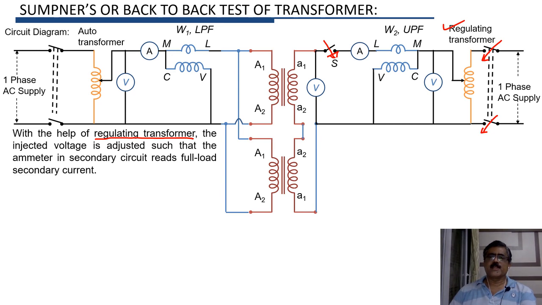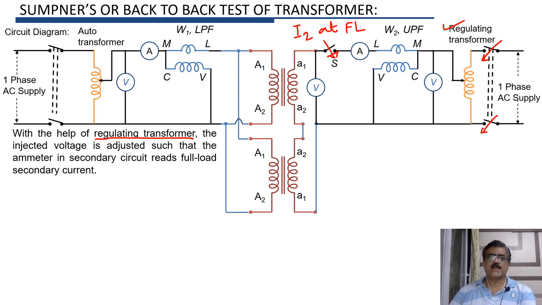The injected EMF is to be adjusted such that the ammeter on the secondary side shows full load secondary current. Means now the current flowing on the secondary side is the secondary current I2 at full load or at rated load.